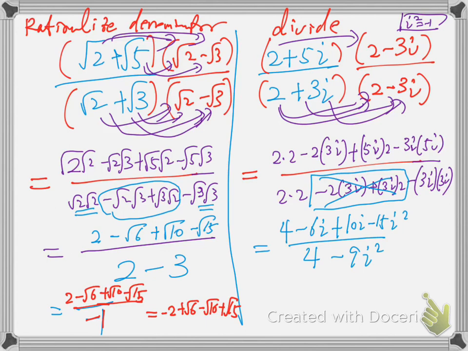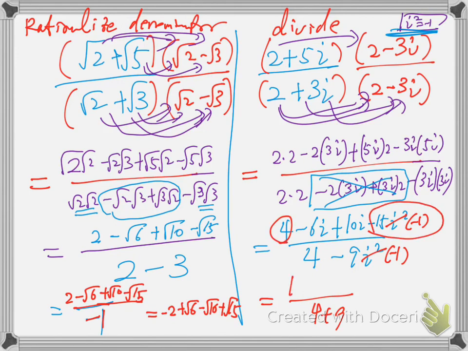So again, we need i squared is -1, right? So let's delete that, change to -1, delete that, change to -1 in the multiplication. So bottom, we have 4 plus 9. Top, this is 4 plus 15, so we got 19. -6i plus 10i, so we got 4i.